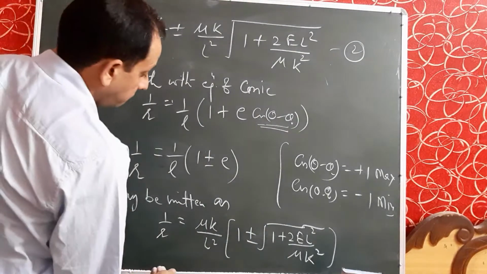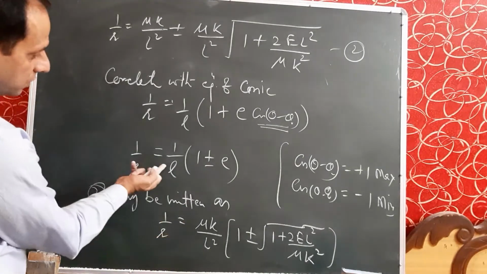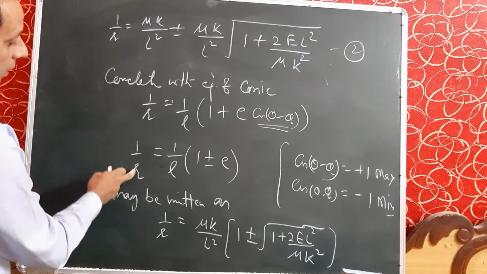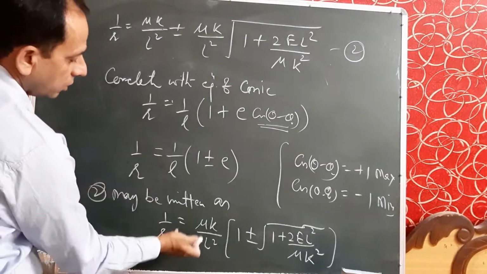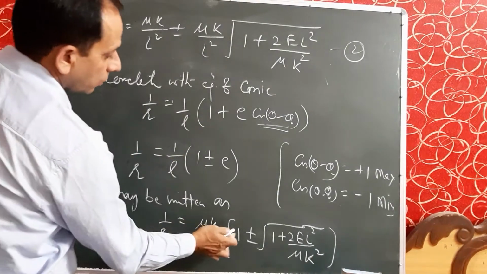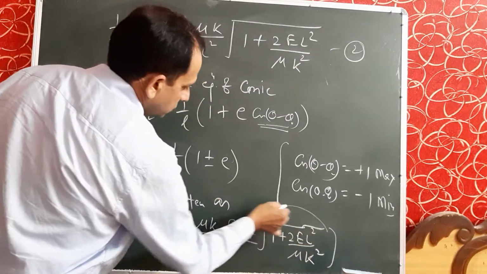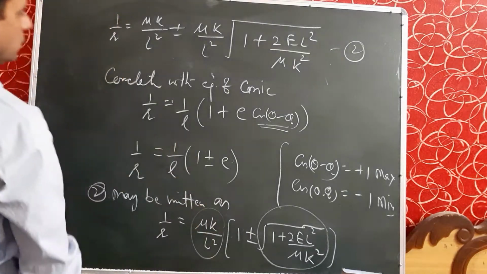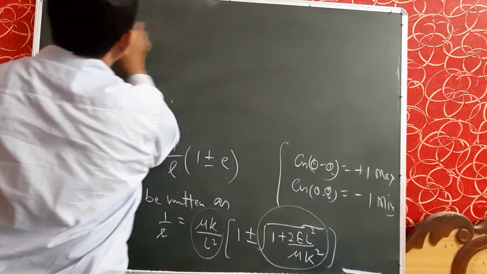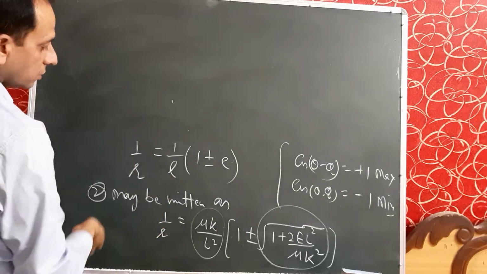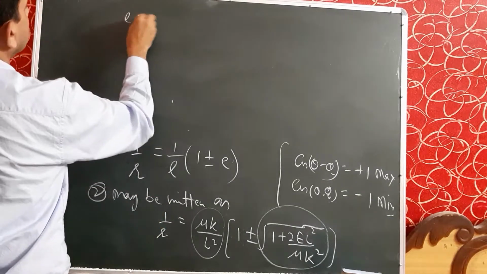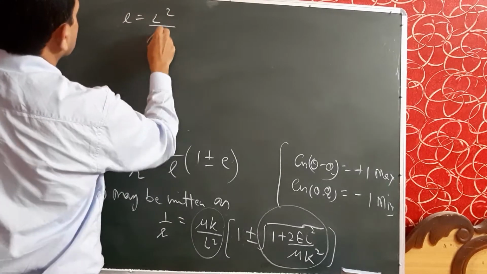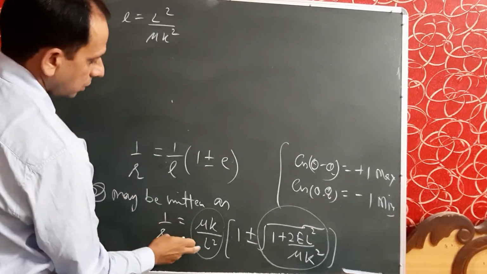Now compare this equation with the standard equation of conic at maximum minimum values. So 1 by r is 1 by r, and 1 by l it is 1 by l. 1 plus minus, and this one is eccentricity. So this is eccentricity basically, and it is 1 by l. So on comparing this equation with the standard equation, we will get 1 by L is this, and L is equal to L square upon mu k, sorry.